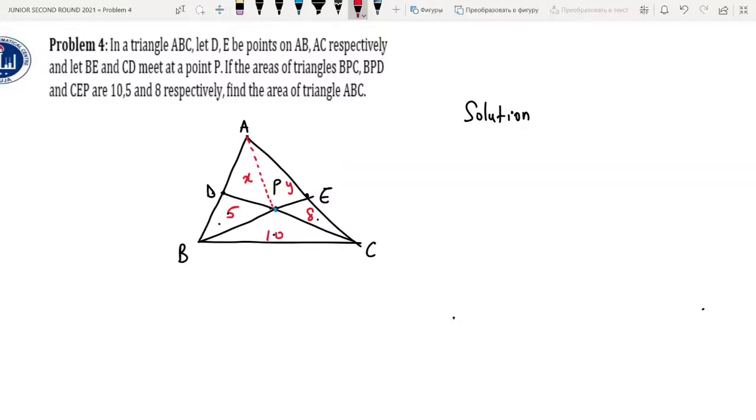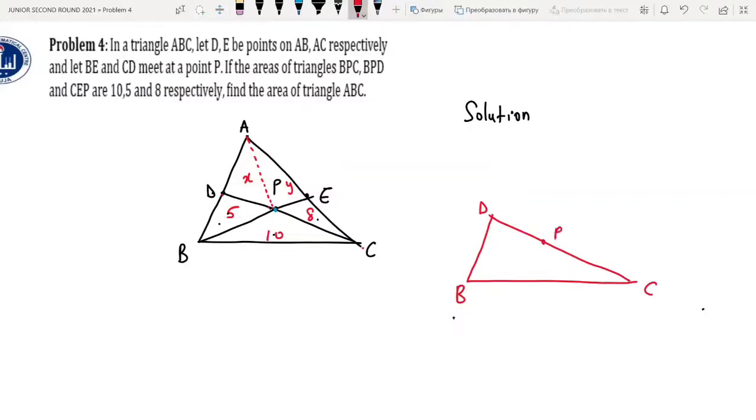Next, let's see how we can apply that lemma. So this point A, P and D is here now. Okay, let's look at D, P, and C. Let's draw it here. This is D, this is C, this is B, and P is somewhere here.